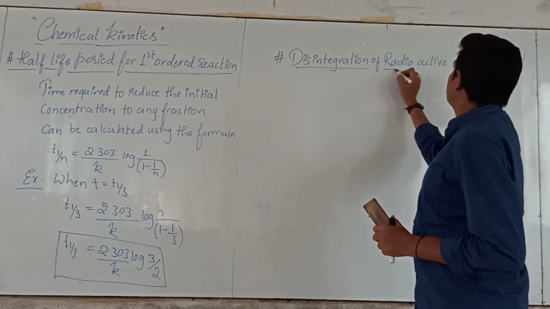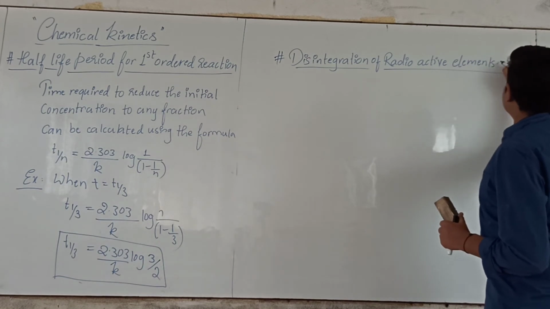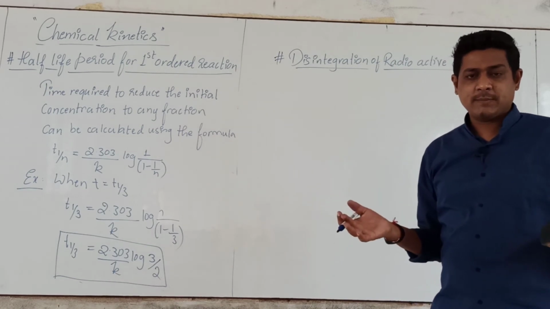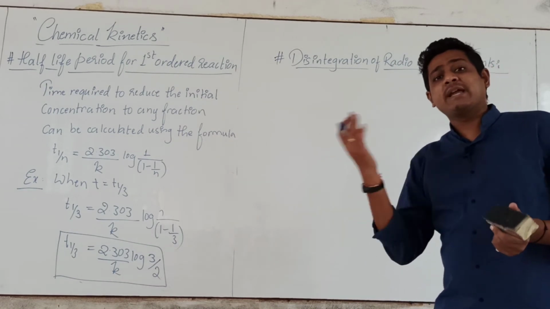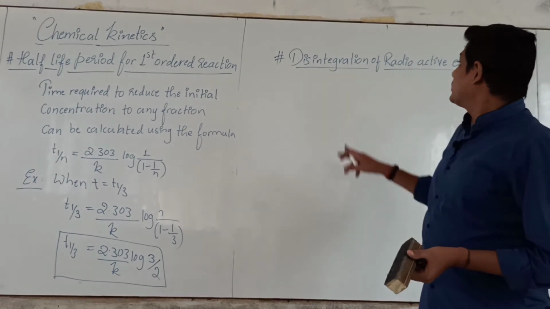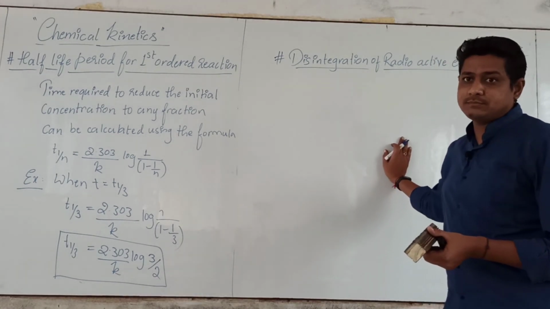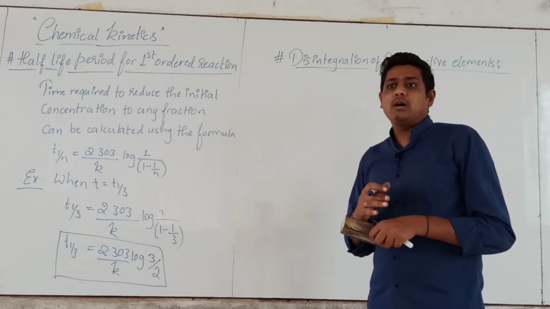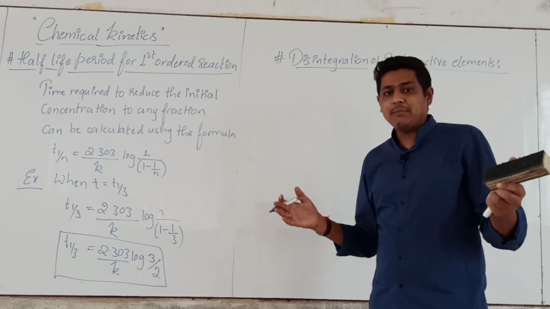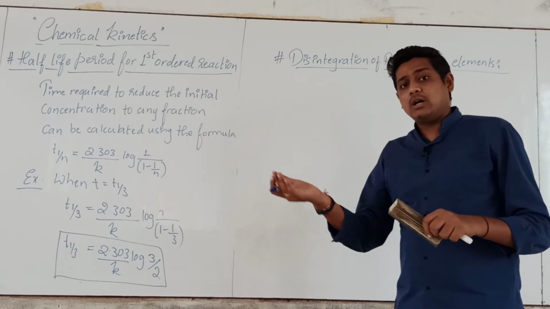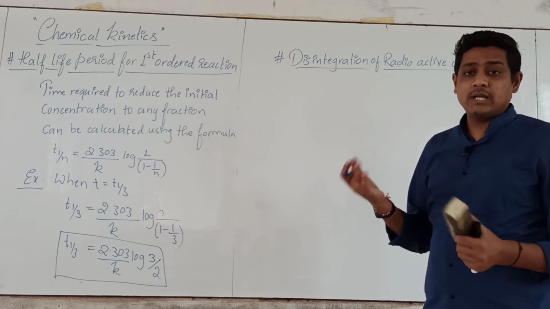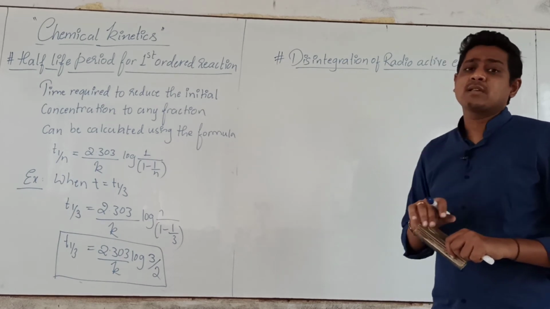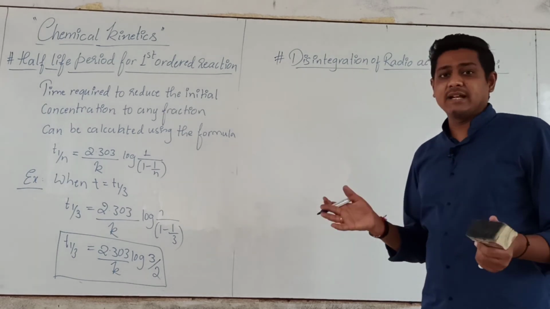See, disintegration, like in gaseous reactions we say decomposing, like nitrogen pentoxide decomposes, means it will break. Now a radioactive element like radium will be disintegrating and emitting radiation. When an element is radioactive and emitting radiation, the amount of that element is decreasing. That we call disintegration.